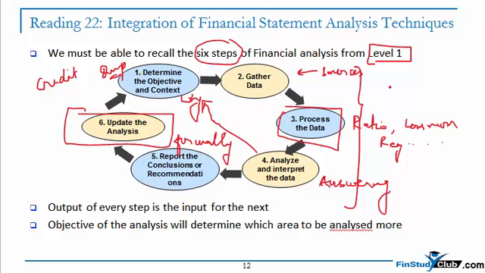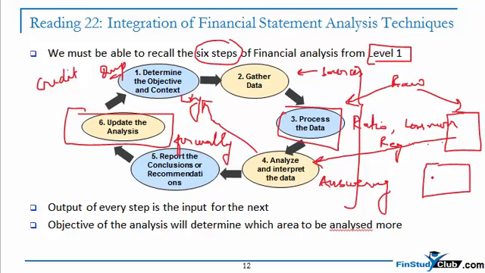The input must be a whole lot of raw information that would have flown down from step 2, and the output of step 3 should be a properly laid out ratio analysis, which now becomes the input for analyzing, and after analyzing, the output is going to be some kind of concluding remarks, and so on and so forth. So that's how the cycle keeps on working. The output of every step becomes the input for the next.